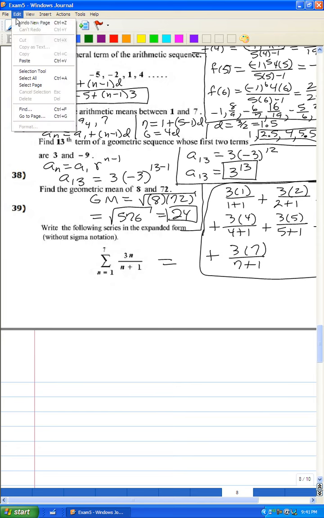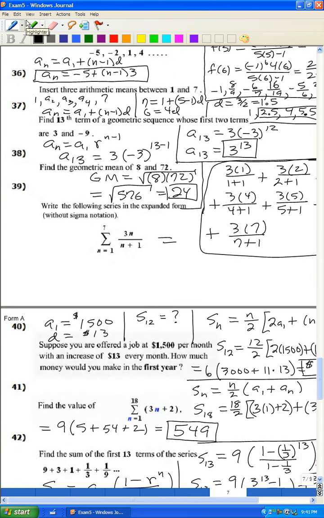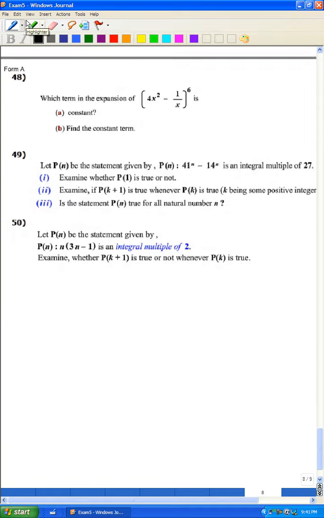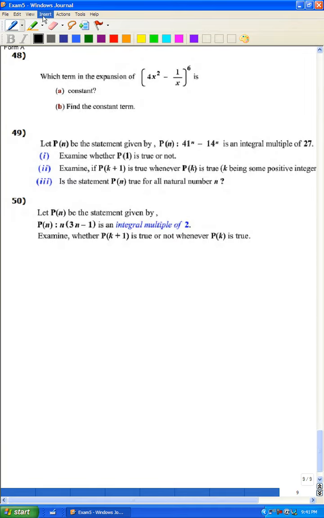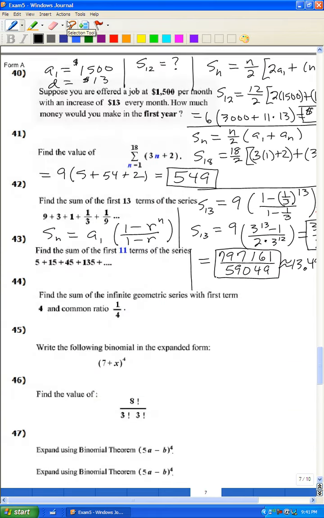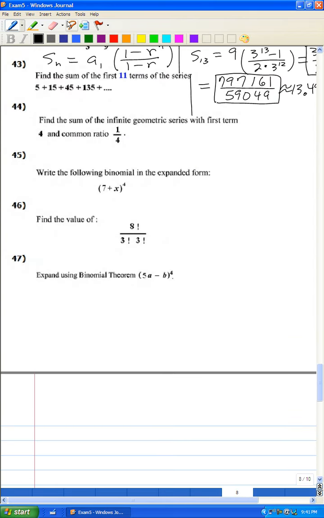Shoot. Go all the way to the bottom. Okay, let's see if I can insert a new page here. Good. Okay, so see below. At least I have some more room here.